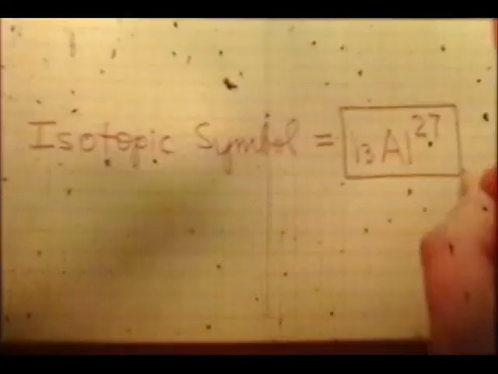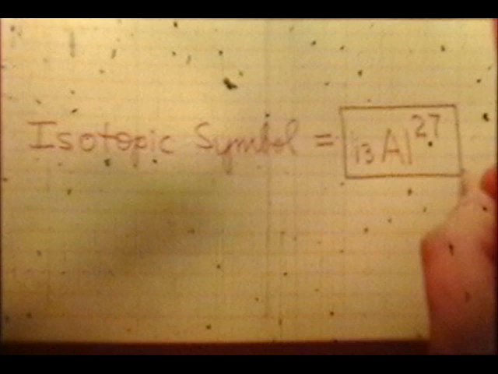The number in the lower left-hand corner is the atomic number, or 13, while the number in the upper right-hand corner is the mass number, or 27. Therefore, your answer should read 13Al27.